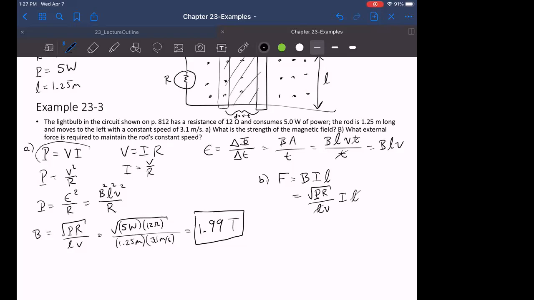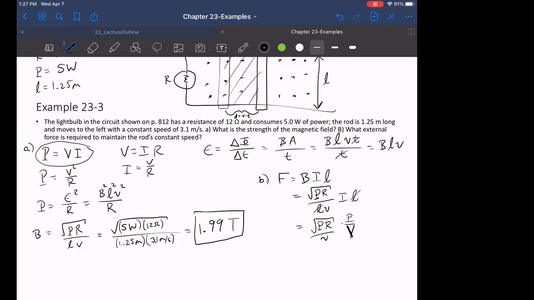You used this right here and said I is P over V, square root of PR times P over little v, right?